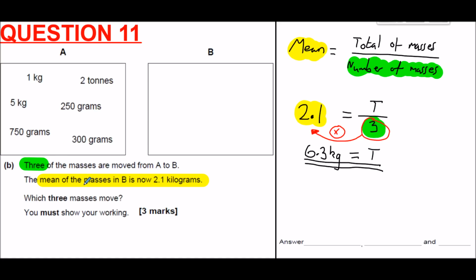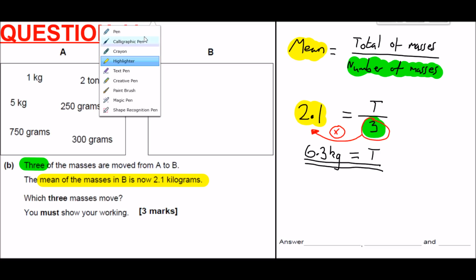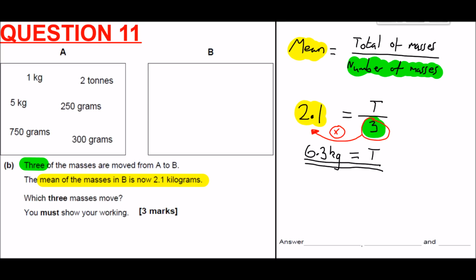And so the 3 masses that move, we need to find 3 masses which add up to 6.3 kilograms. And so we can do that fairly easily. That's 5 kilograms. That's 1. 5 plus 1 is 6. So I need 0.3 of a kilogram. From before, we showed that 300 grams, we can divide that by 1,000 to get it into kilograms. 300 grams would be 0.3.